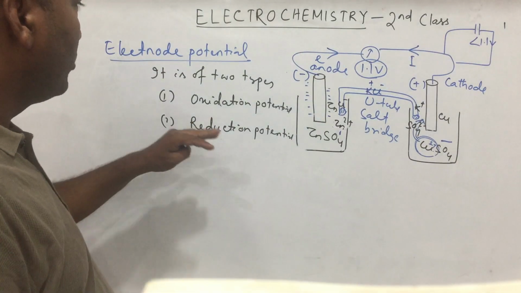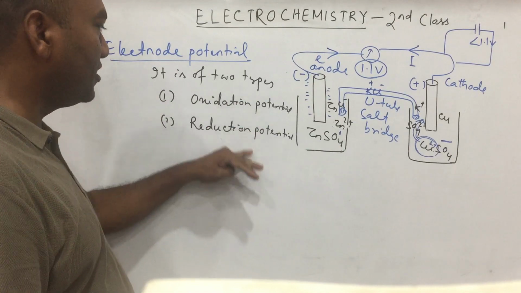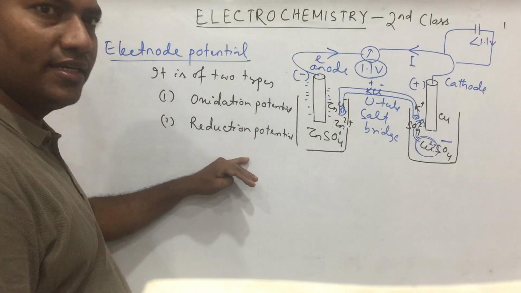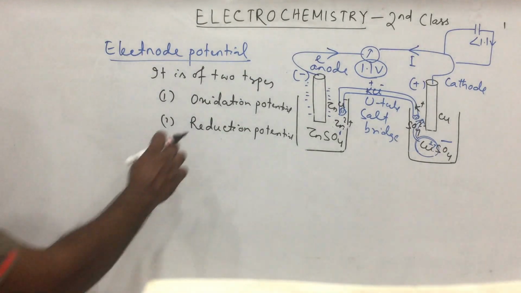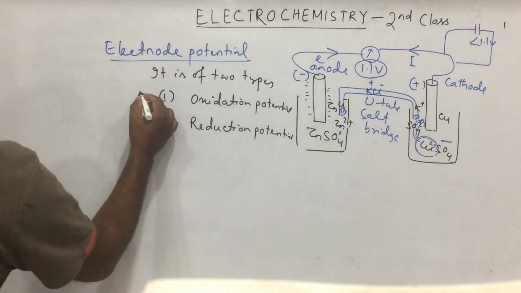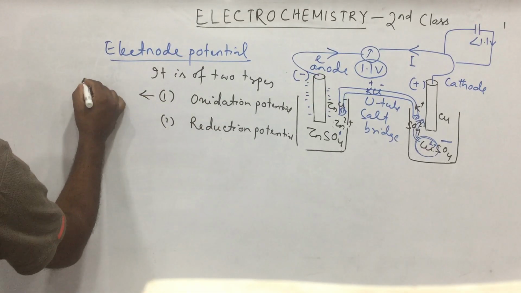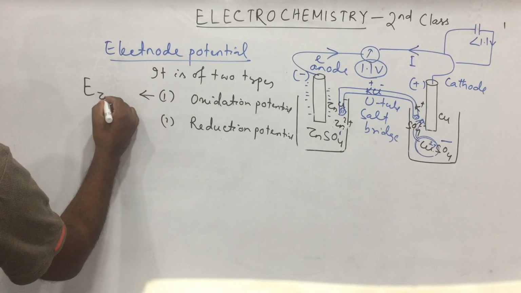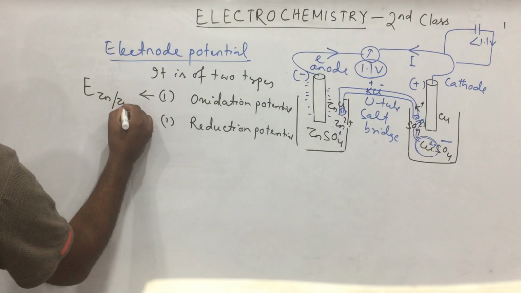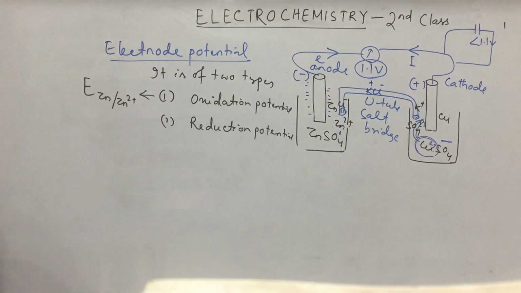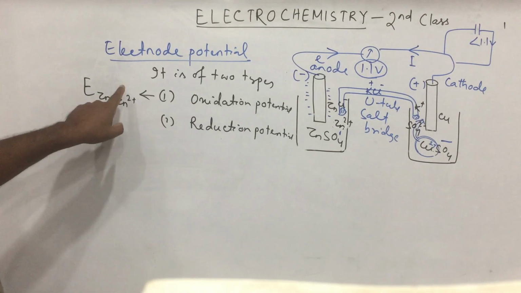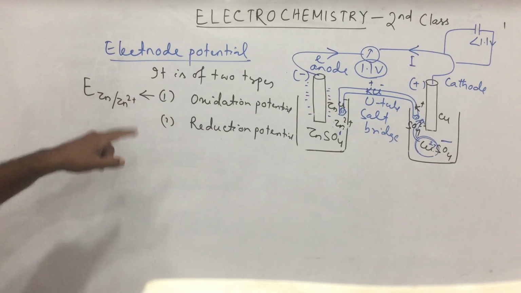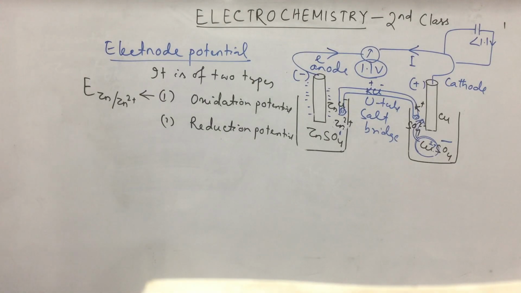Clear? So how can you represent oxidation potential and reduction potential? That means, how can we represent electrode potential? Oxidation potential we can represent like this: E subscript Zn/Zn2+, because Zn undergoes oxidation.